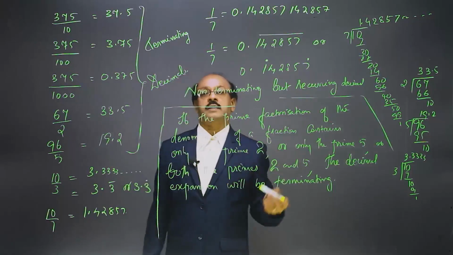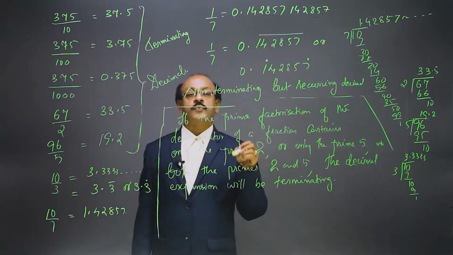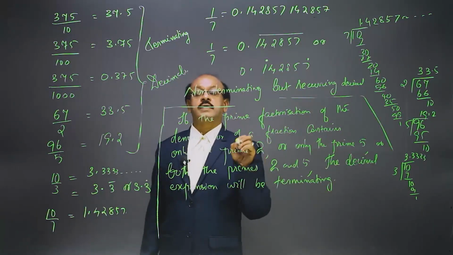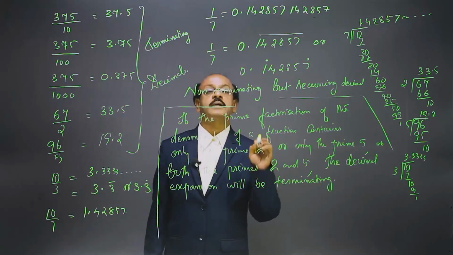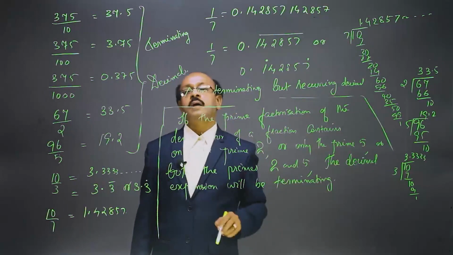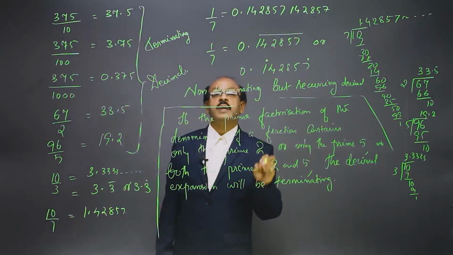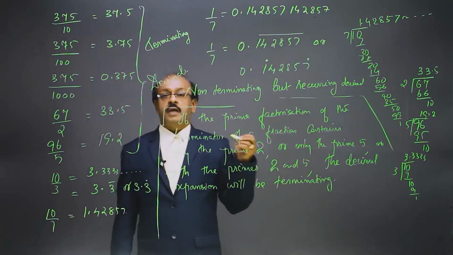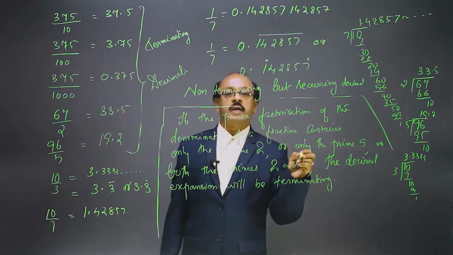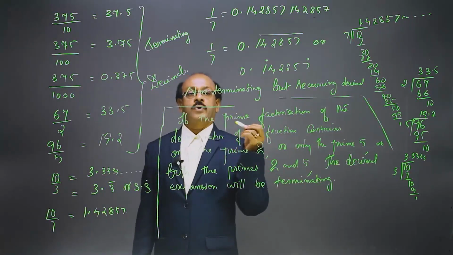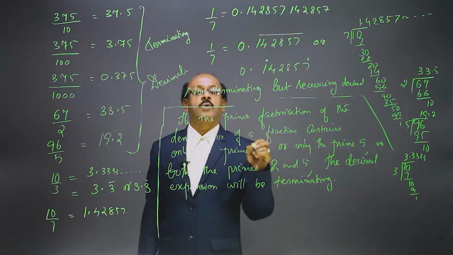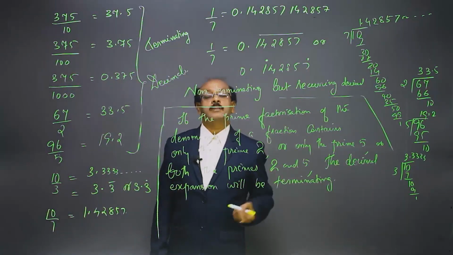And in another case, if it contains both 2 and 5, then also the decimal expansion will be terminating. If there exists any other prime other than 2 and 5, the decimal form will be non-terminating. For example, if the prime factorization of the denominator contains the prime 3, 7, 11, etc., the decimal expansion will be non-terminating.